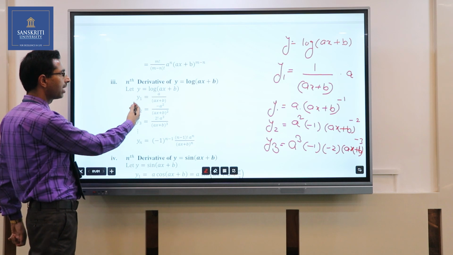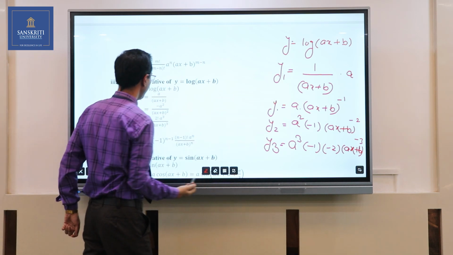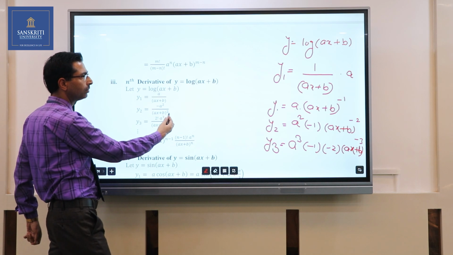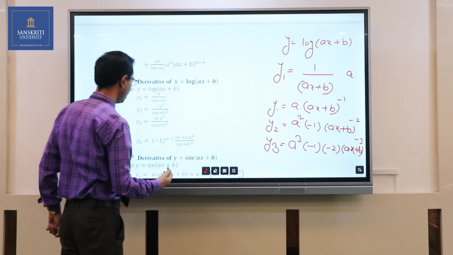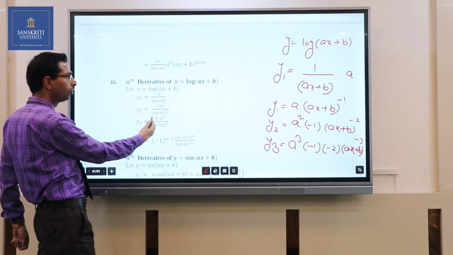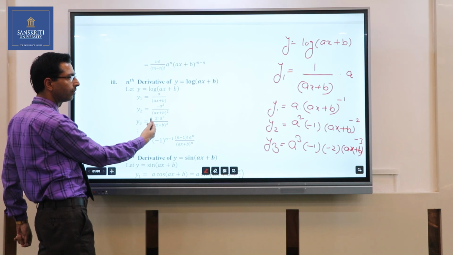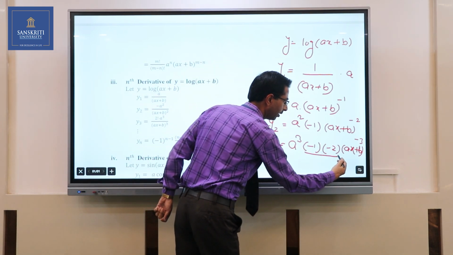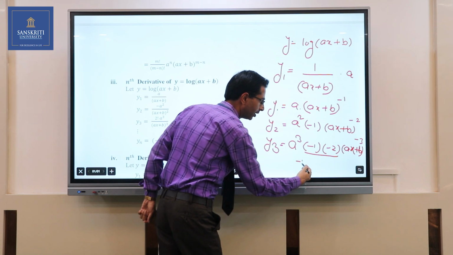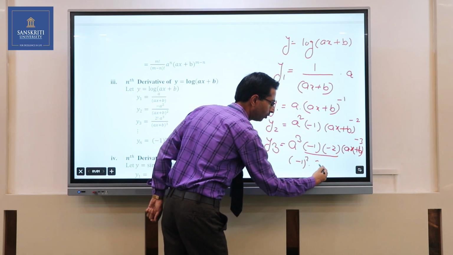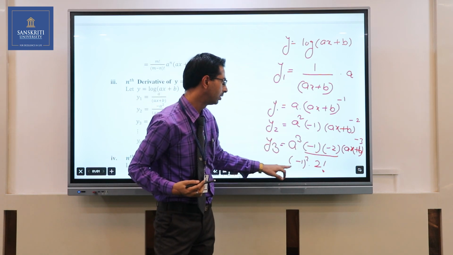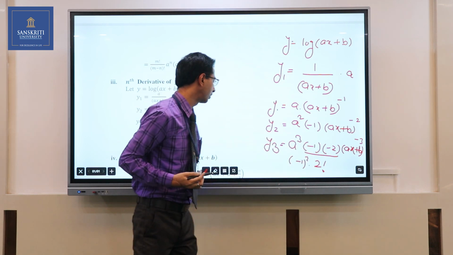Please check it. y1 is this, and y2 is similarly minus a square upon (ax plus b) to the power 2. Y3 is equal to 2 factorial, minus 1 into minus 2, that means minus 1 to the power 2 into 2 factorial.